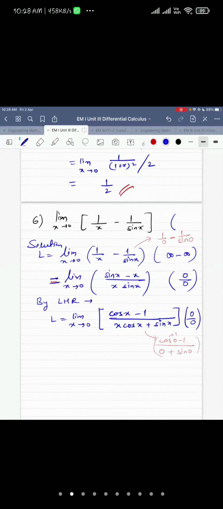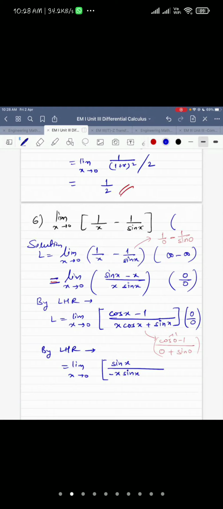So this is equal to limit x tending to 0, now by LHR. We are solving so many problems, so I'm writing LHR. Otherwise, you should write it as L'Hospital's rule in detail in the exam. When you apply the LHR, it gives you sin x upon minus x sin x.